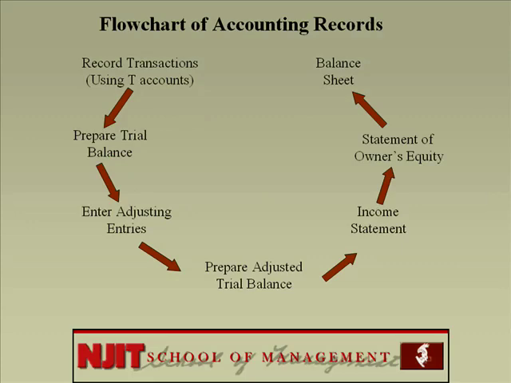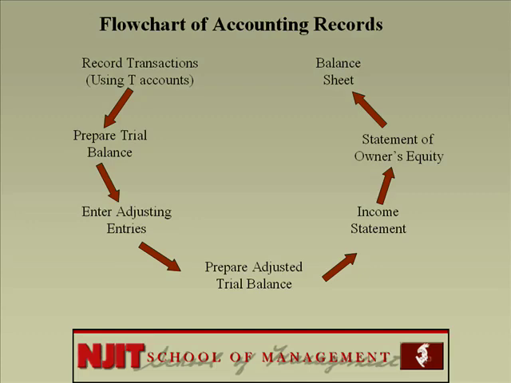Initially, you record transactions using T accounts. Then you do the trial balance. We did that before. Now, after doing the trial balance, you realize that there are certain things you omitted or forgot which should be included. These are called adjusting entries.